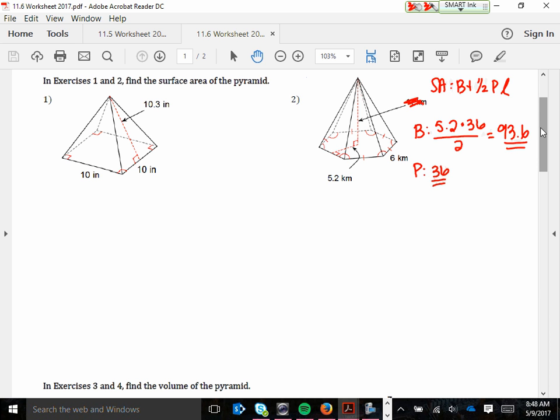I did apothem, 5.2, times perimeter, 36, because each side is 6, divided by 2. Capital P, the perimeter, I already found it. The capital P was 36, 6 times 6 sides. Now the slant height is what I need. The slant height is not 11. That's the normal height, the perpendicular height.